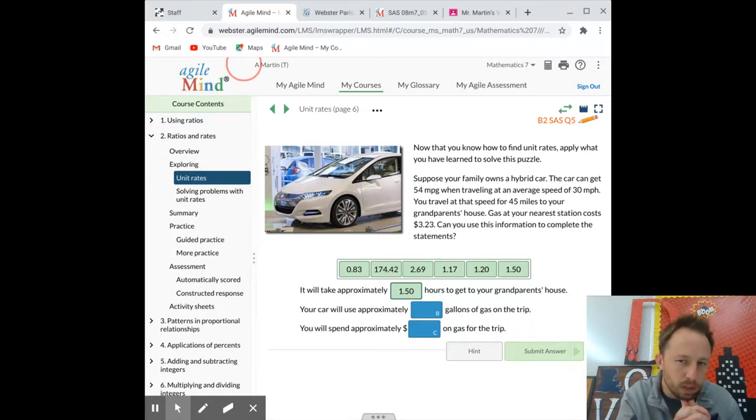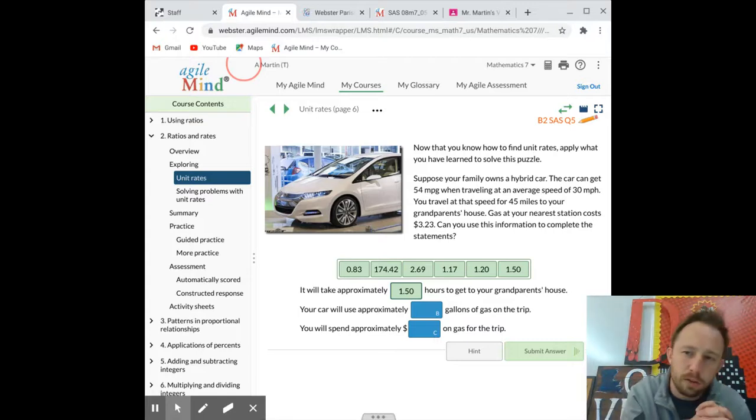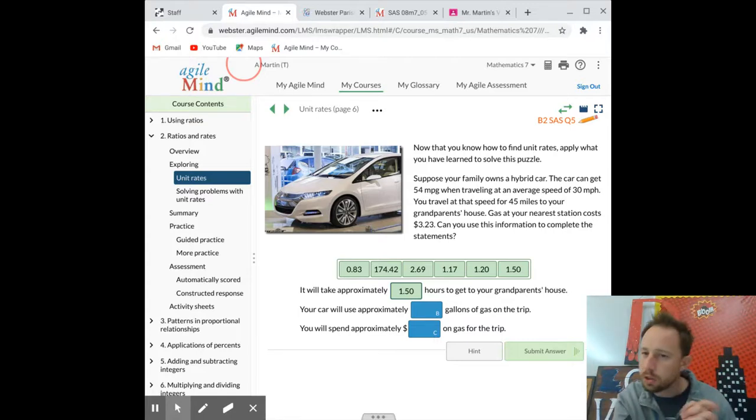All right, so tell me the order that we would divide them in. 54 divided by 45. All right, so that would be the miles per gallon divided by the miles driven. But earlier, when we were working on the other questions, we said that we needed to take the miles driven and divide it by the miles that we get per gallon of gas. So we need to do what, Angel?